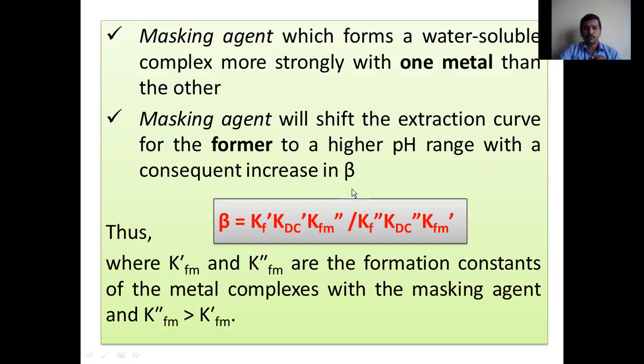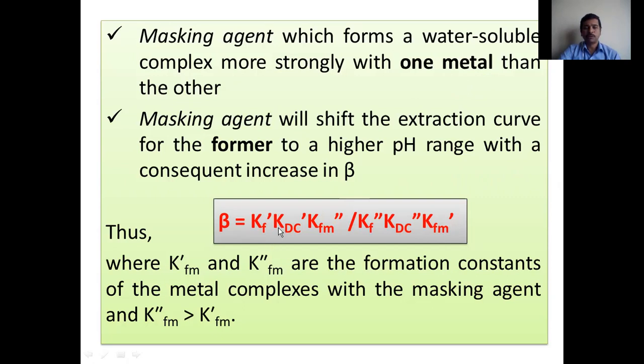Therefore, if you consider the formation constant for the complex formed between this metal and the masking agent is KFM. For metal 2, it is KFM double dash, and for metal 1, KFM dash.